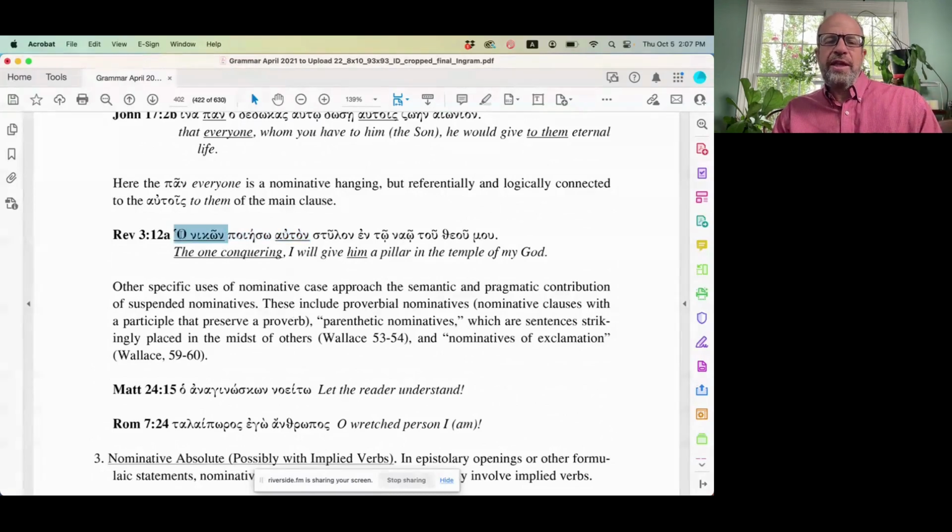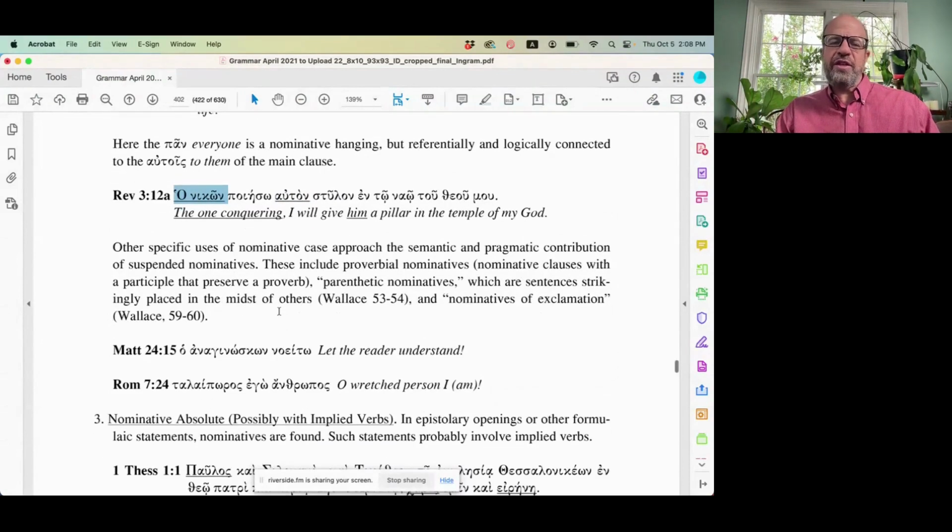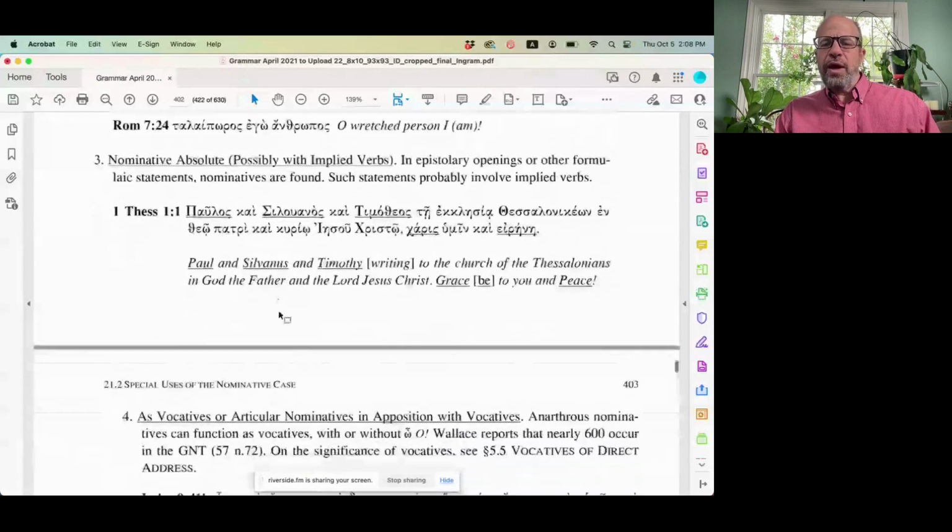So the nominative is here, I think, used for effect. It's designating something. It's making it really prominent, and it's kind of hanging there. But then when the main sentence gets going, it's picked up by the accusative: I will give to him. So there's some grammatical incongruity there, but the nominative case, remember, is a case of designation and kind of special focus. And so I think that's a prominence device there as well.